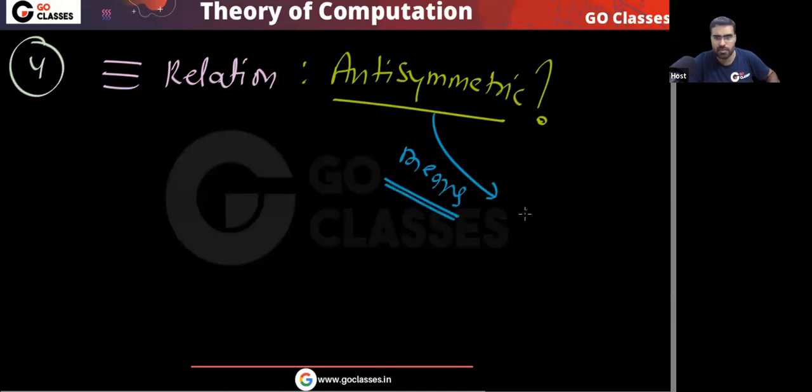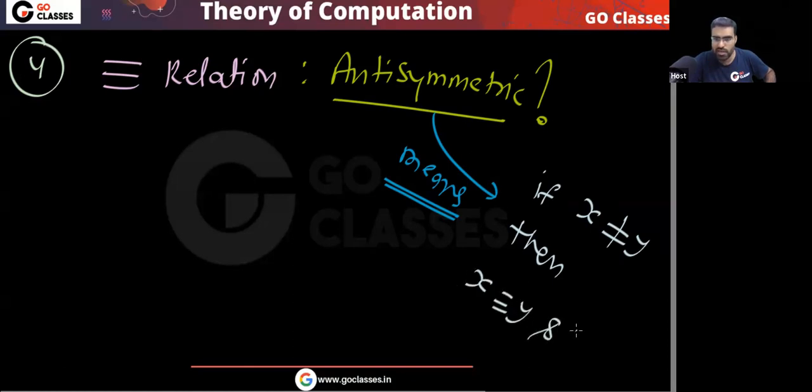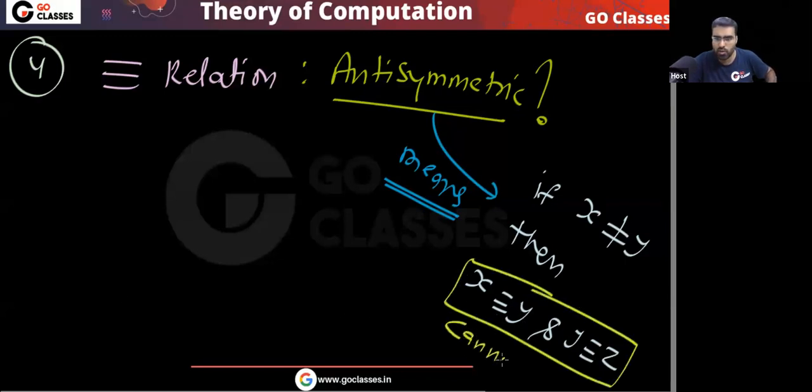Antisymmetric means that if you take two different strings, then this cannot happen: X is equivalent to Y and Y is equivalent to X. This cannot happen.